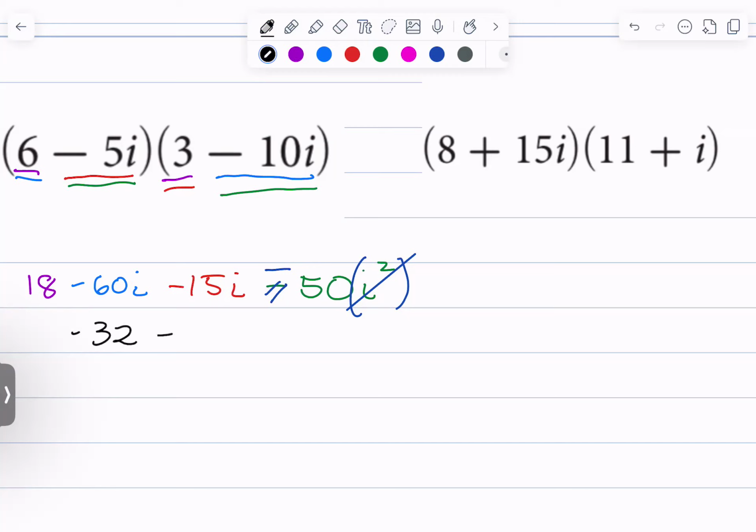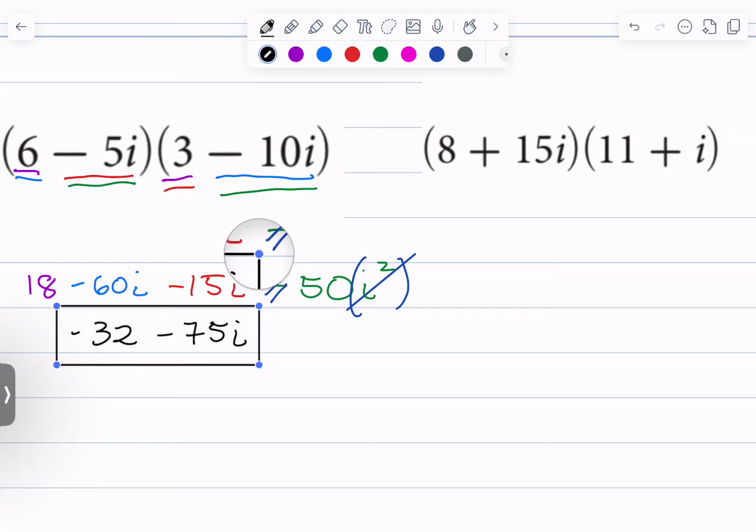Negative 60 minus 15, that's negative 75i. There's nothing here that we can factor out, so that's my answer. Okay?